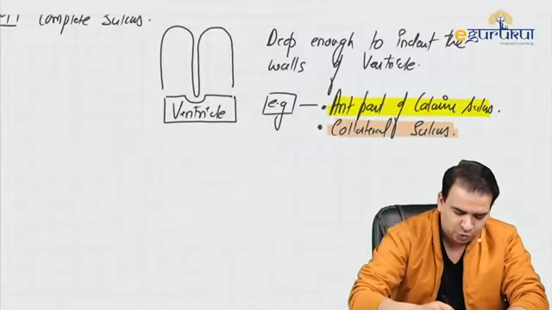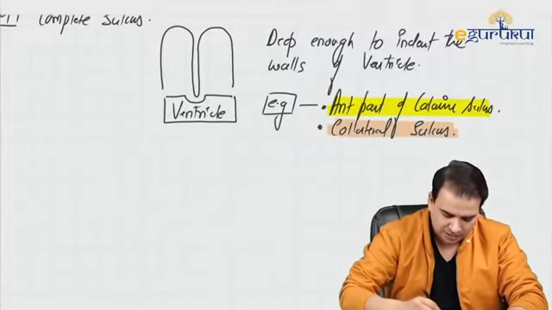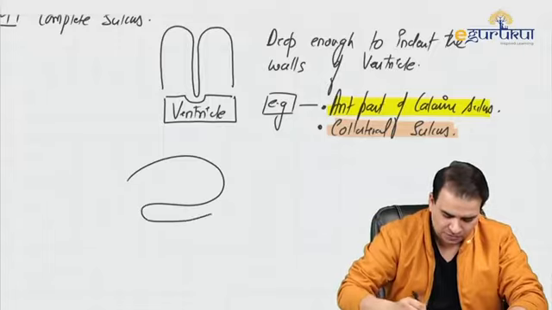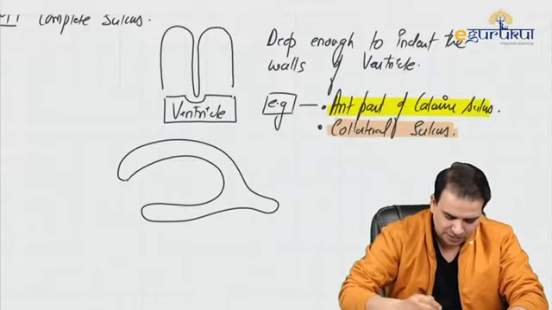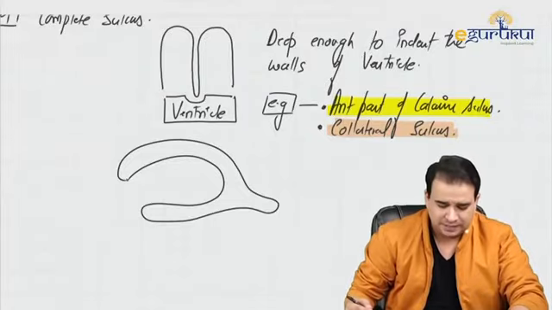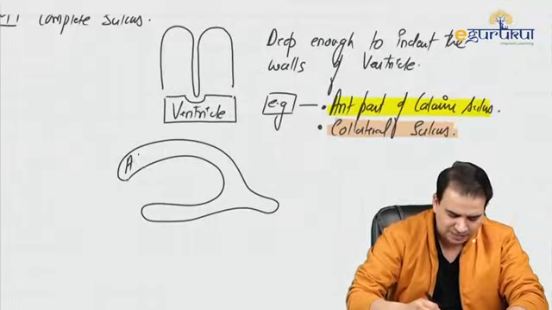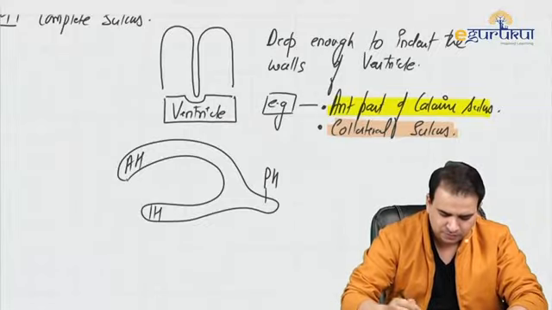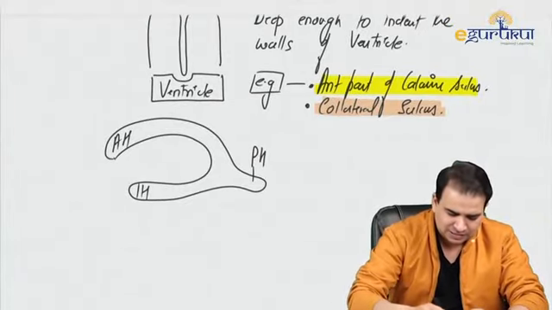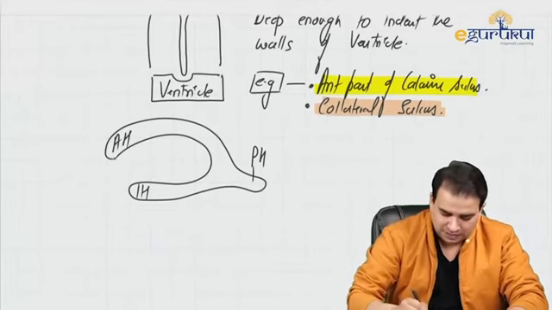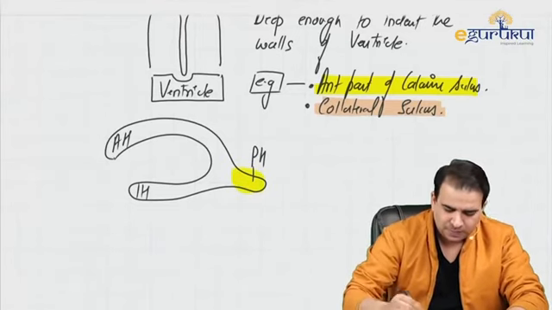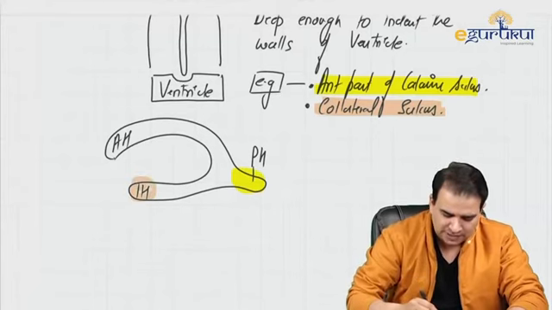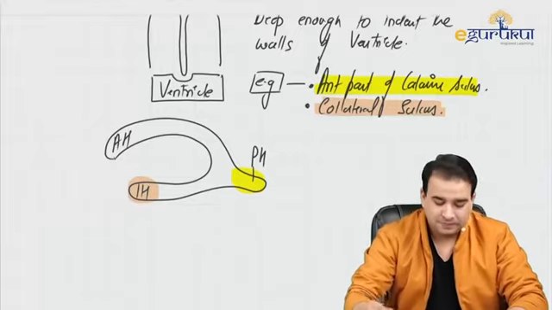Now, if I have to show you what exactly they are indenting, we are still supposed to discuss this ventricle in a while, but look at this. If this is a lateral ventricle, and we know that the lateral ventricle has this anterior horn, the inferior horn, and this is the posterior horn. So the anterior part of the calcarine sulcus will indent the posterior horn, and the collateral sulcus will indent the inferior horn of the lateral ventricle.